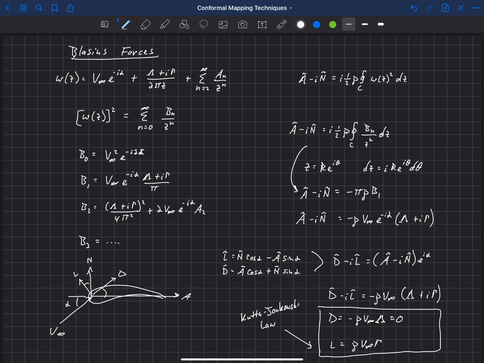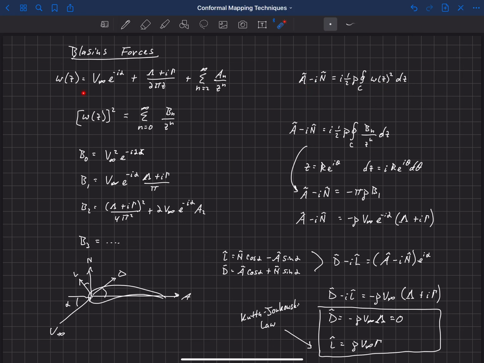This is the relation between lift, and I should put these tildes up here because these are two-dimensional sectional lift properties, and the circulation. We've proven that now by using this Blasius relation for the velocity potential related to the forces on this airfoil.